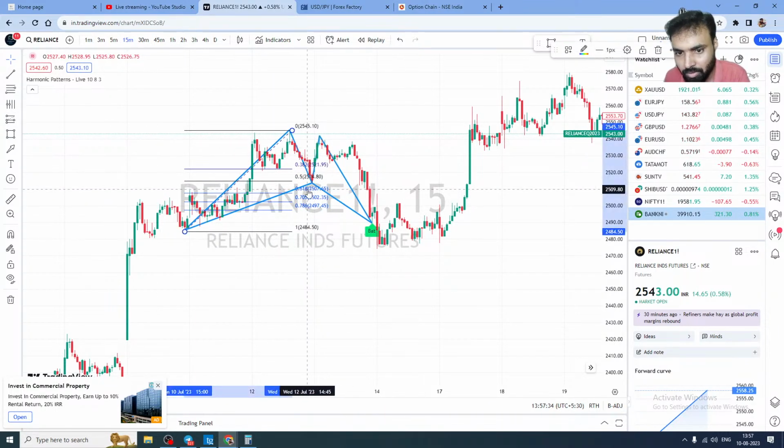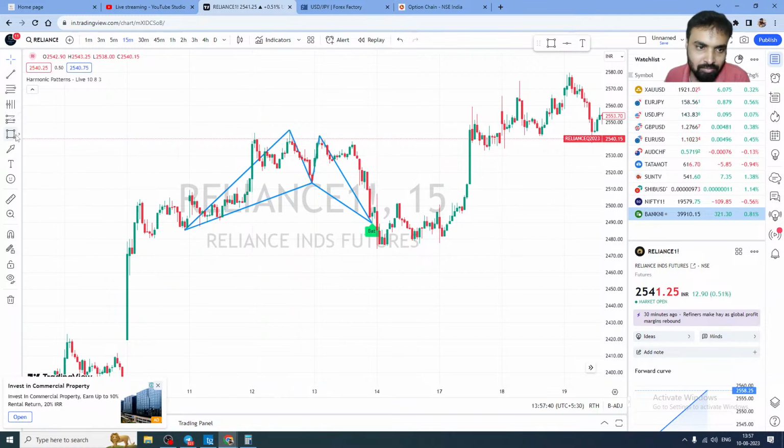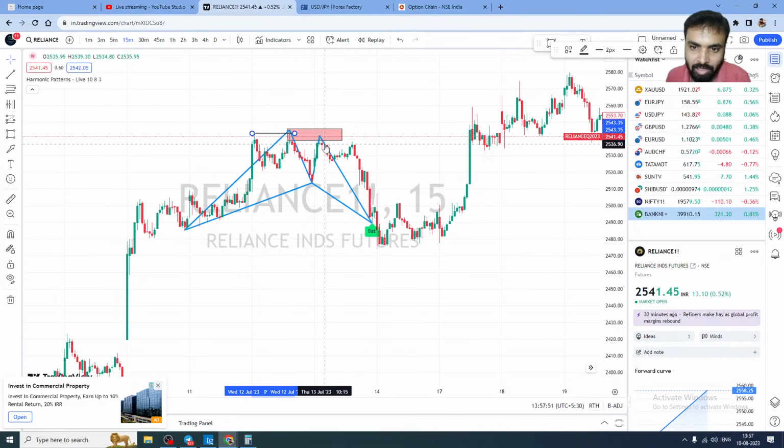So if you notice in a deeper manner, these patterns work on swing points. It's a manipulation, right? The swing point level is tested, price fell down. Okay, so everything is smart money.